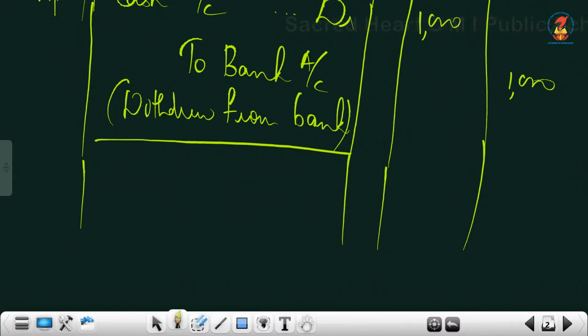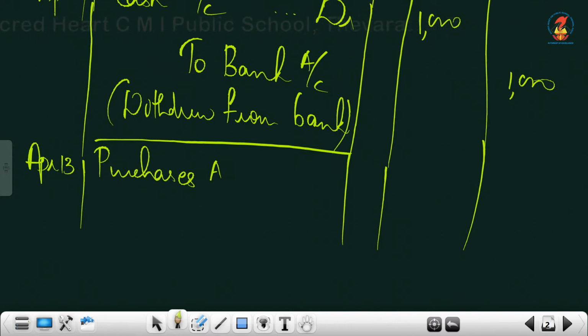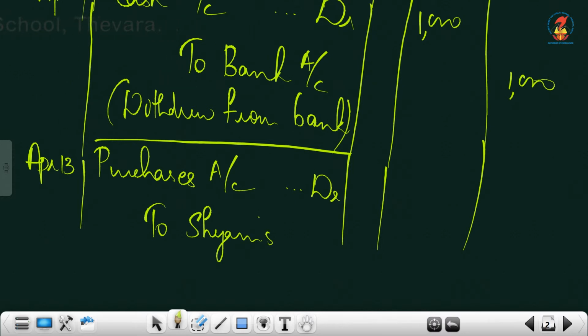Then the next one, April 13th, bought goods from Shyam. The name is mentioned. That means it is on credit basis and creditor should be credited. So purchases account debtor. There is no cash moving out. You have to credit the creditor's account. The creditor's name here is Shyam's account.